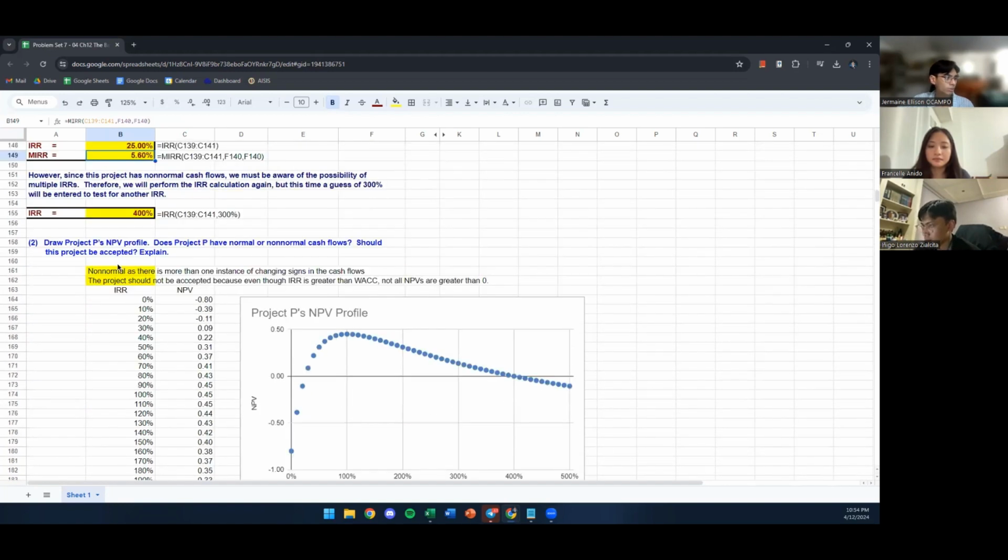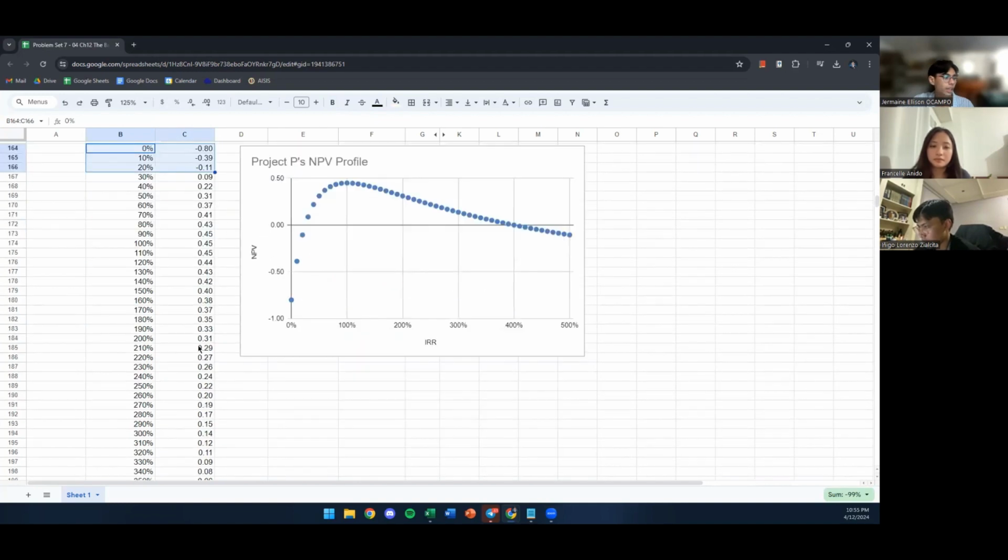Now, for part two of that, we were asked to draw project P's NPV profile, and asked whether the cash flows were normal or non-normal, and whether the project should be accepted. So we concluded that project P is non-normal because the NPVs at discount rates of 0 to 20%, as you can see here, are negative.